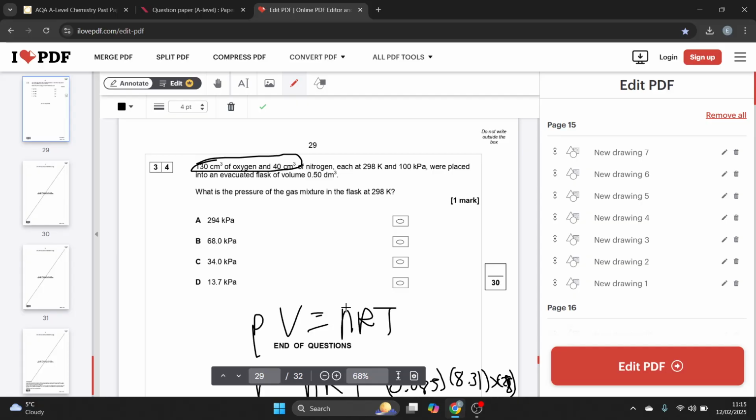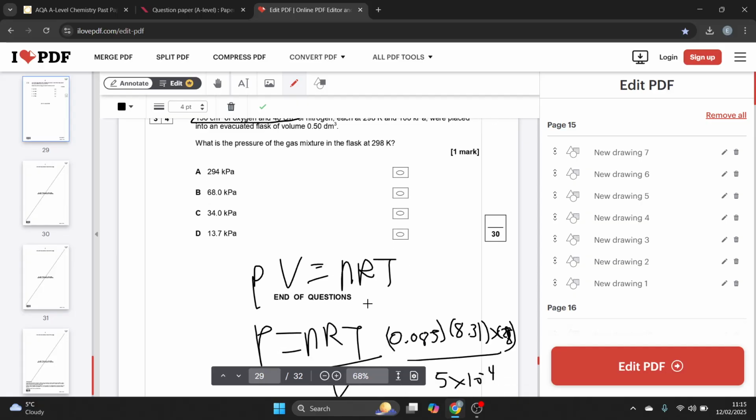So if I do moles equals concentration times volume, 130 divided by 1,000 times 0.50, I get 0.065 as the number of moles. Then I do 0.065 times 8.31 times 298 divided by the volume, 5 times 10 to the power minus 4.